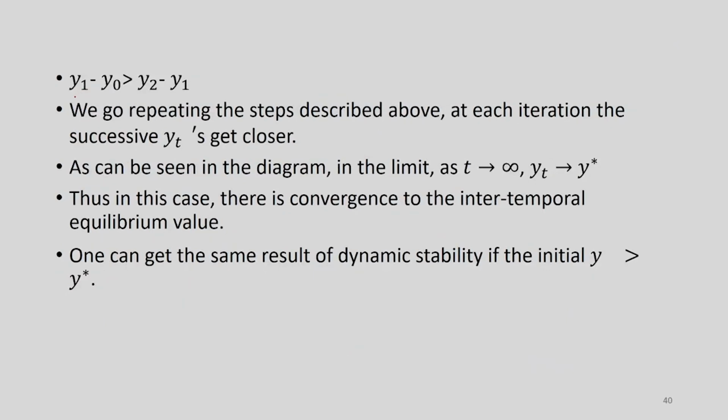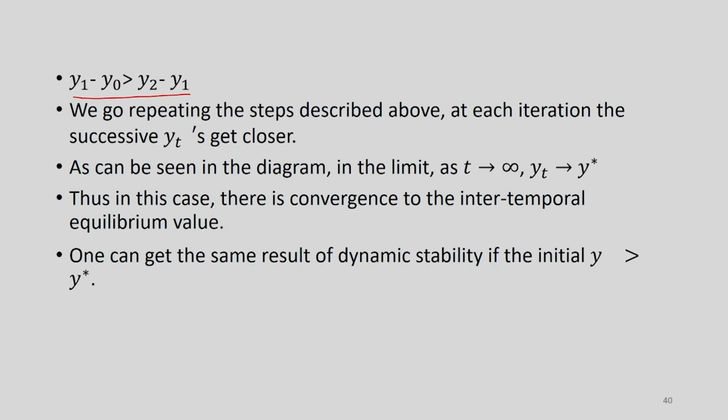So, that is what I have written here: y1 minus y0, which was the first increment, is strictly greater than y2 minus y1. This was the second increment. Likewise you can go one step further. The next stage will be y3 minus y2, and that y3 minus y2 will be further lower than y2 minus y1.